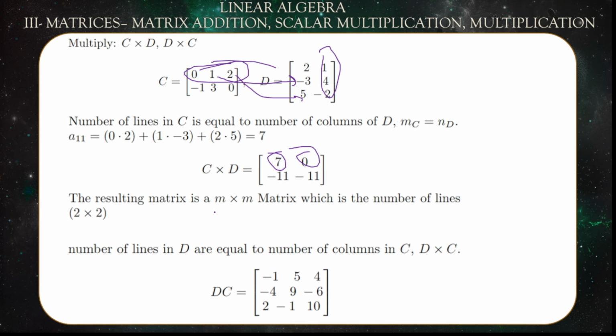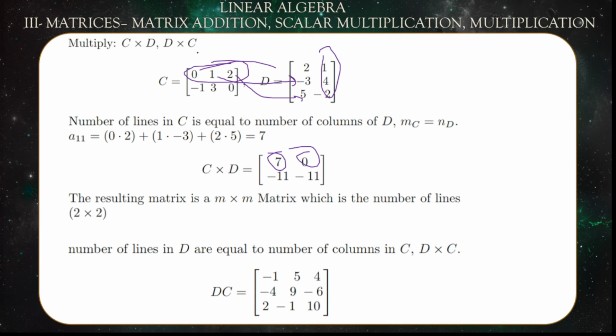The resulting matrix has the number of rows of the first matrix, and the same number of columns as D. So it is a 2 by 2 matrix. Now for D multiplied by C, which is the inverse order, it will give us a completely different matrix.